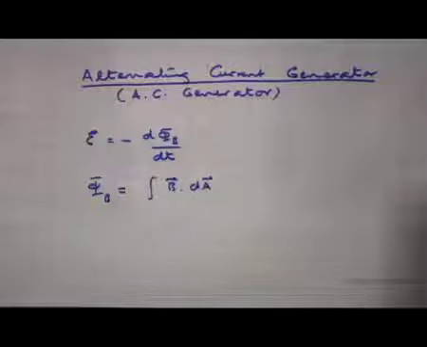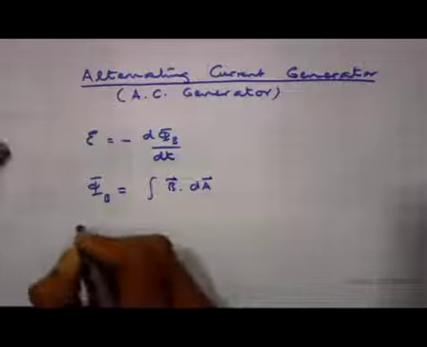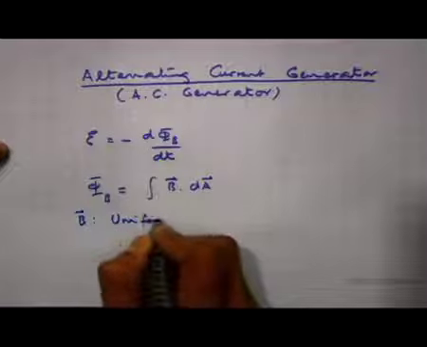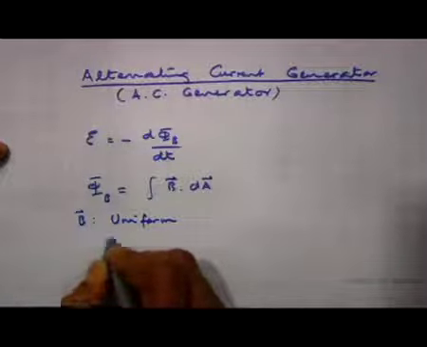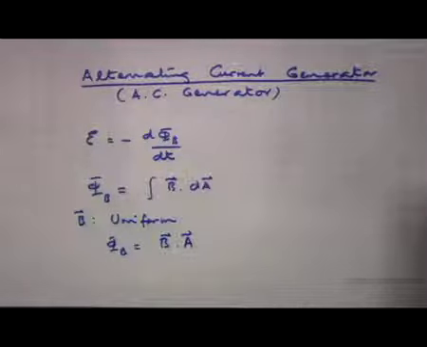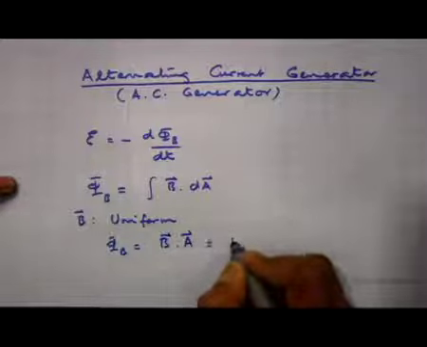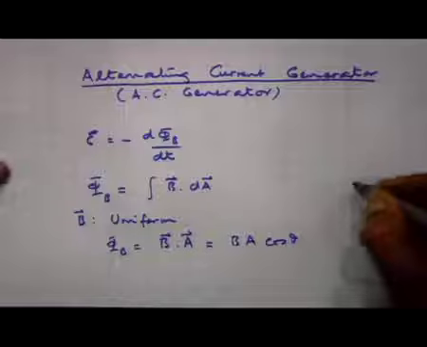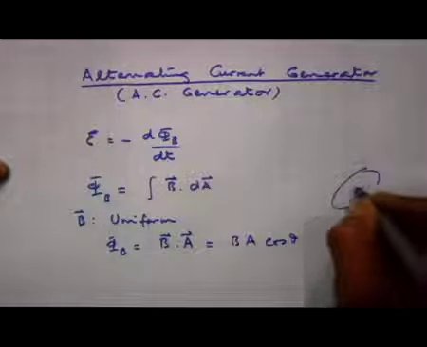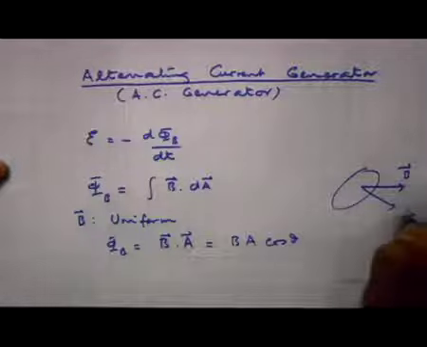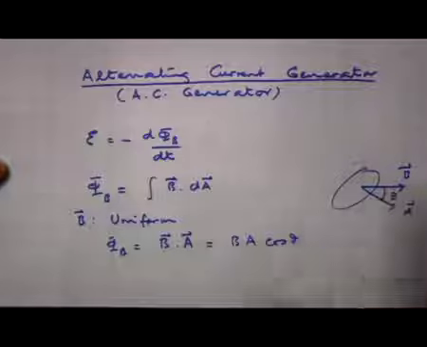Now, suppose I take a small region of space where B is uniform. Then phi B becomes B dot A, which is equal to B times A times cos theta. Suppose I have a circuit like this, the magnetic field is pointing like this, and I define the area vector like this, and this is theta.